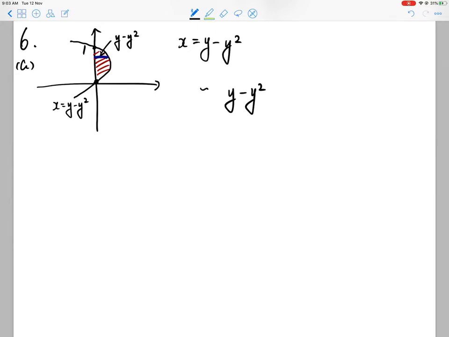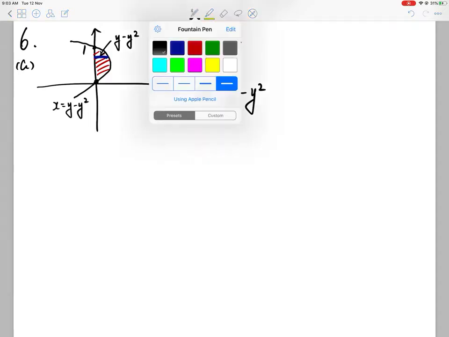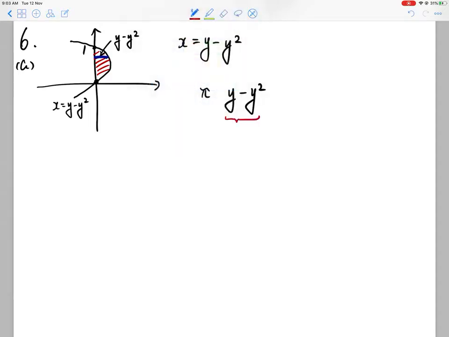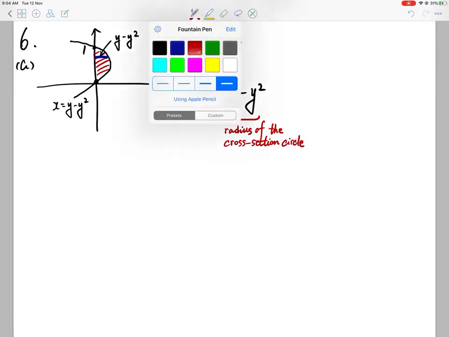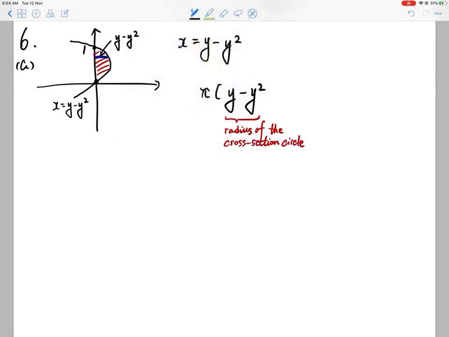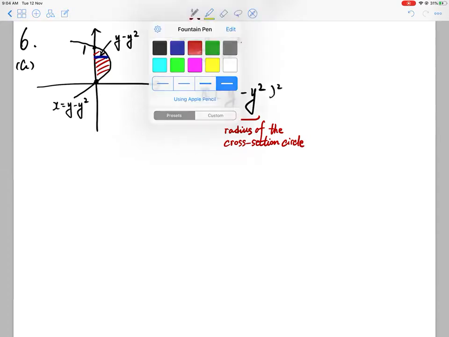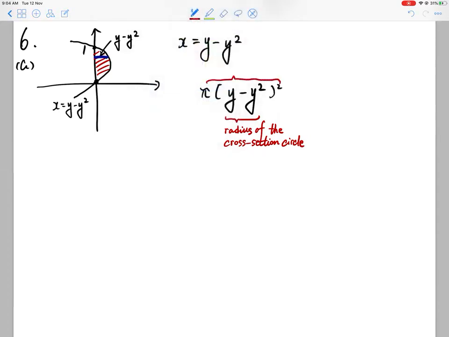So it is pi r squared. This part is the radius of the cross-section circle. So you get pi r squared, and this part is the cross-section area.